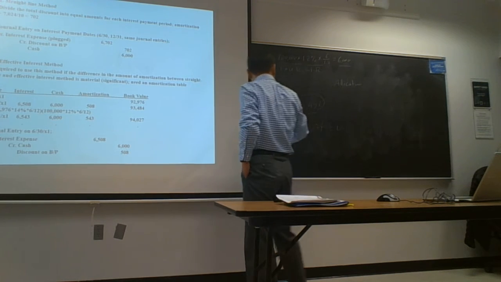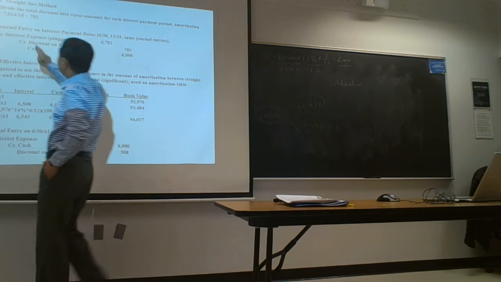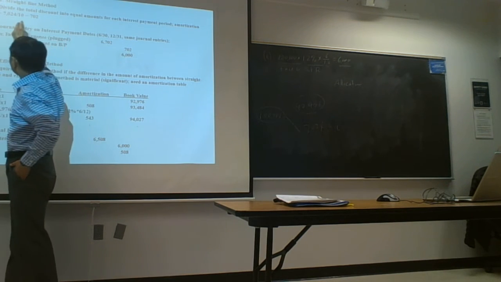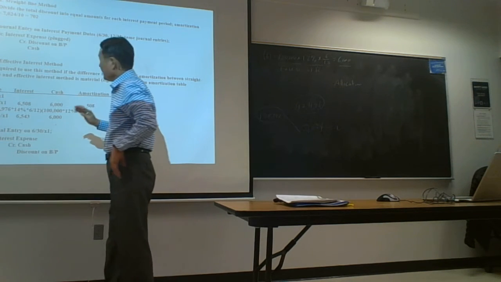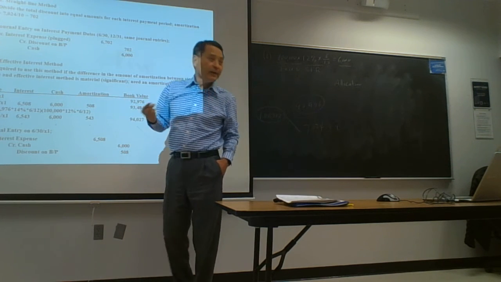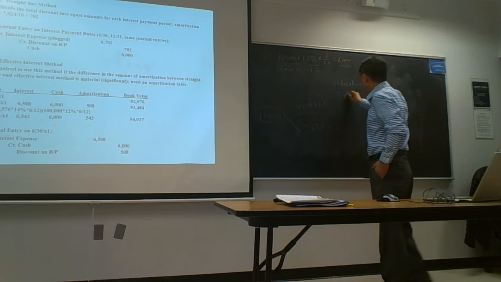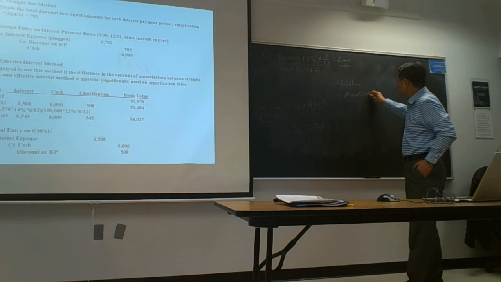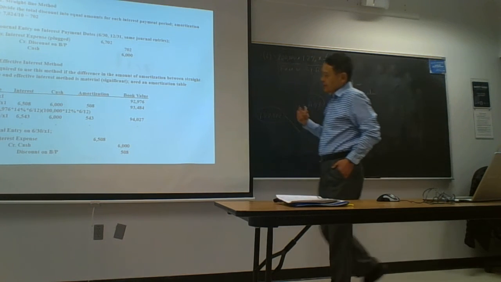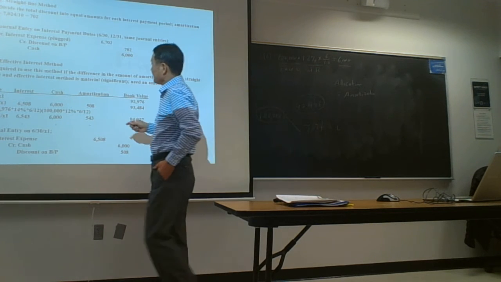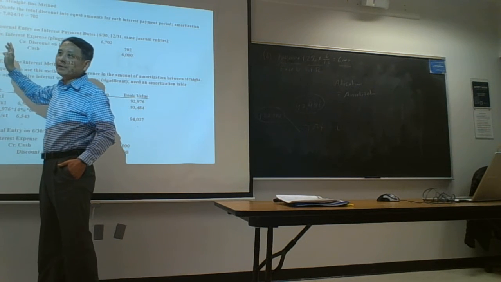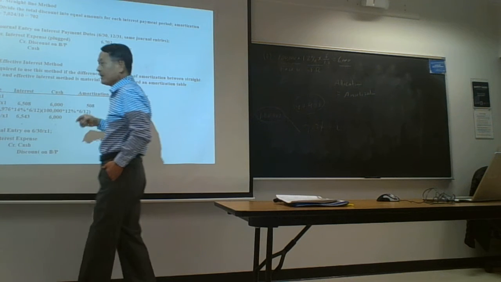Okay, so 7,024 divided by 10 payments. 5-year bond, semi-annual payment, total of 10 payments. So if we equally divide, then the 6 months or semi-annual allocation or amortization, same thing, allocation and amortization, same thing, for 6 months would be $702.40, right? 7,024 divided by 10 payments is 702.